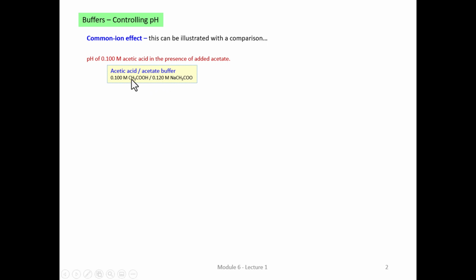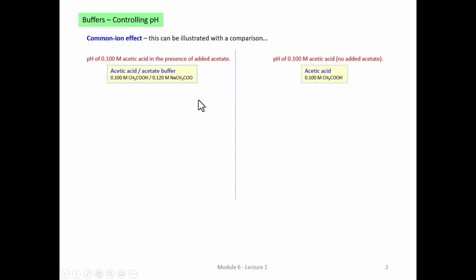And there it is, 0.1 molar acetic acid, 0.12 molar in sodium acetate, our acetic acid acetate buffer. And what we'd like to do is compare the pH we get here with the pH of just a 0.1 molar acetic acid solution. In other words, we're not adding any acetate from the outside.